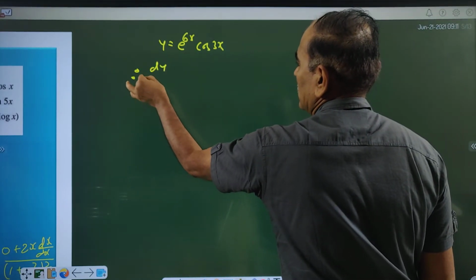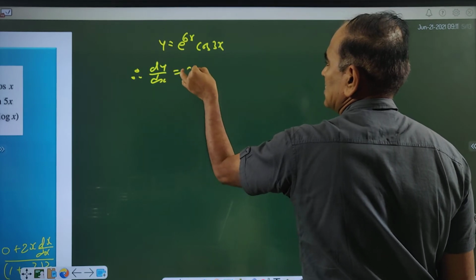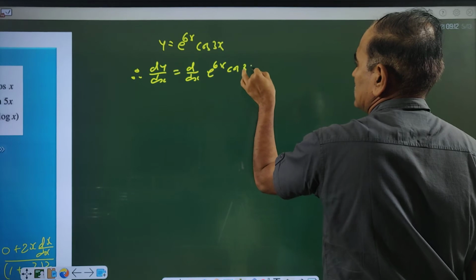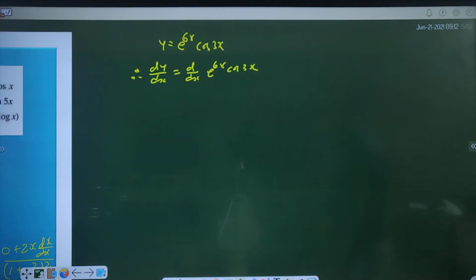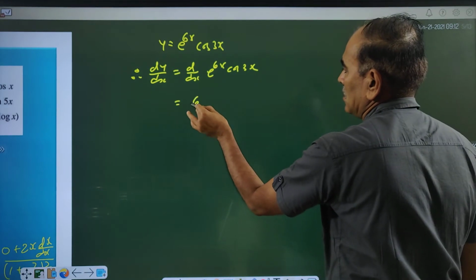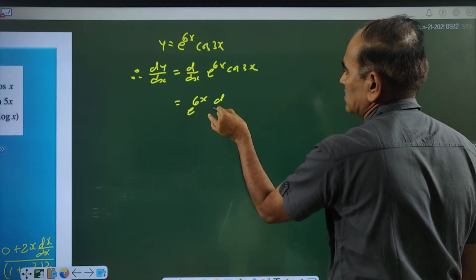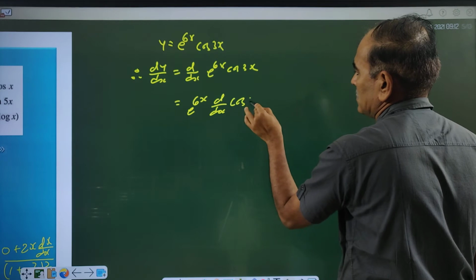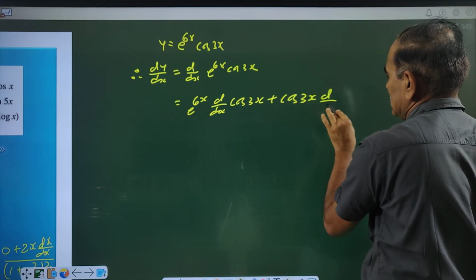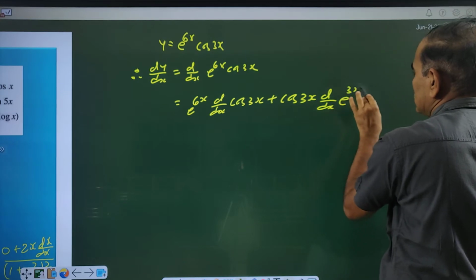And therefore dy by dx is equal to d by dx of e raised to 6x cos 3x. What we get? Product: e raised to 6x, d by dx of cos 3x, plus cos 3x, d by dx of e raised to 6x.